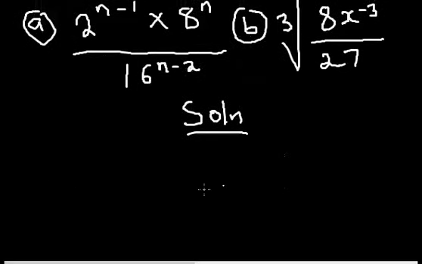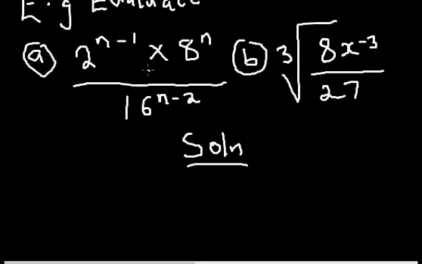Starting with this solution. Now you know very well that by seeing this multiplication here and by seeing this division, one thing that should come to your mind is addition and of course difference law. I can apply addition law between these two indices. This is already 2 raised power n minus 1, but this is in base 8.